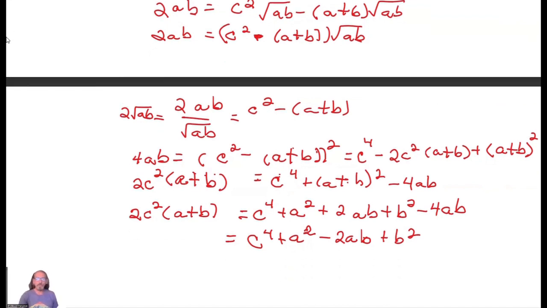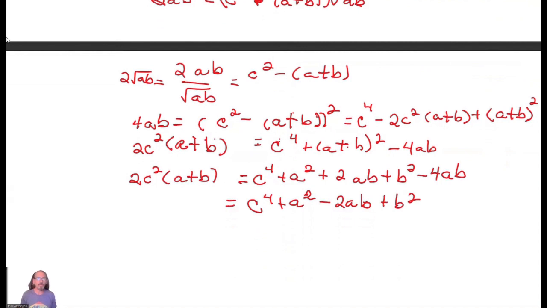I'm going to switch the left-right order of the equal sign here. In the end, the formula that I have developed is that c to the fourth plus the quantity a minus b, quantity squared, is equal to 2c squared times the quantity a plus b.